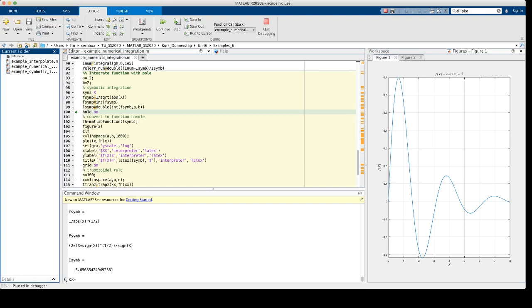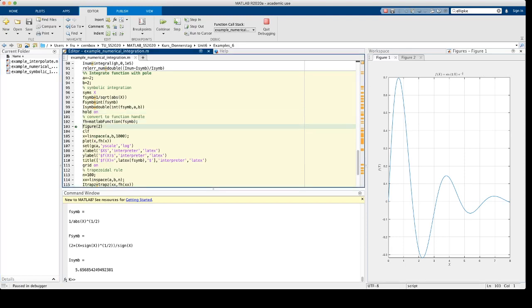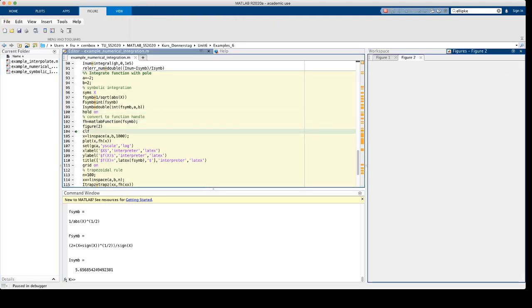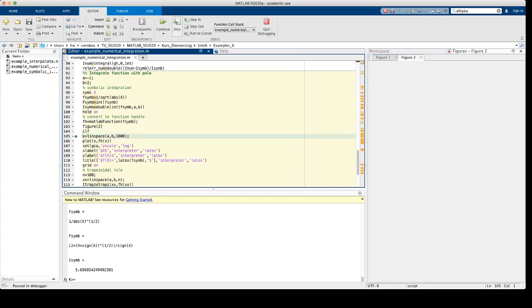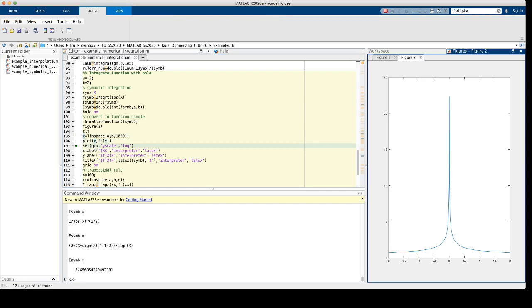I convert this function to a function handle, and I plot the graph in figure 2 on the right hand side. The function looks approximately like this. Of course, there is a pole at 0.